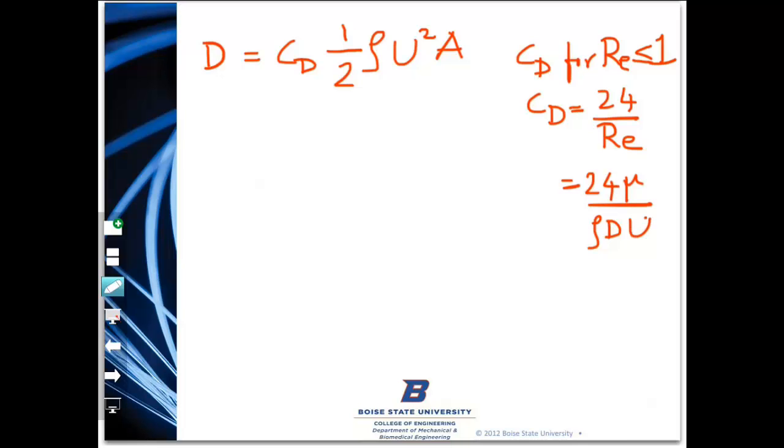Okay, and remember this D is drag and this d is diameter. Okay, alright, so now I can write this as, if you simplify it, 3 pi d u times mu.